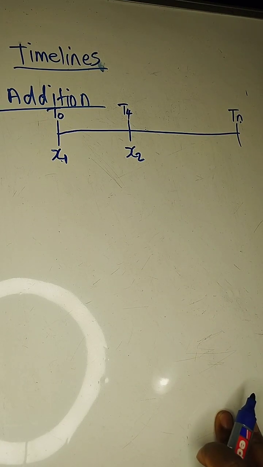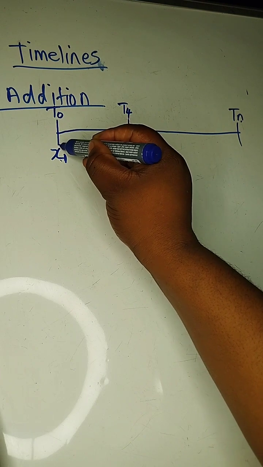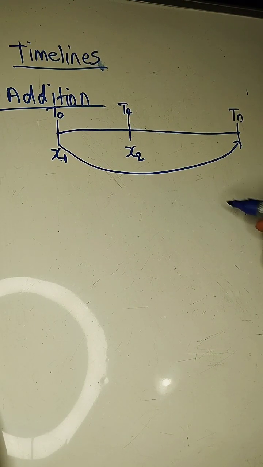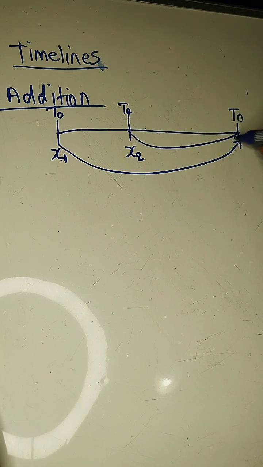Now how do I deal with this one? Number one, remember we have the same interest rate in this one. So this one will go straight to that amount, and then this one will be added until it goes that side.